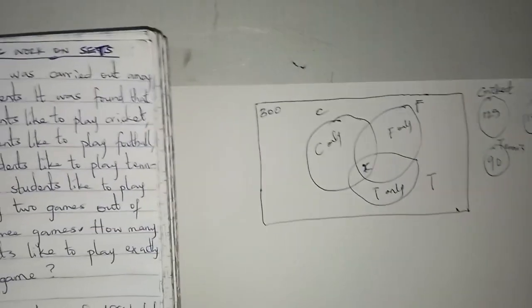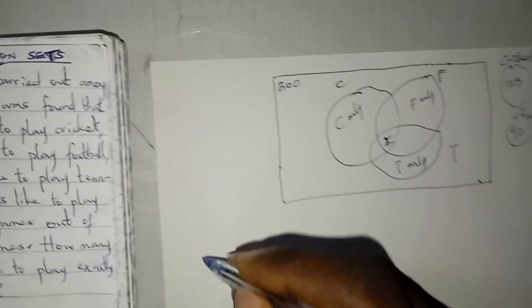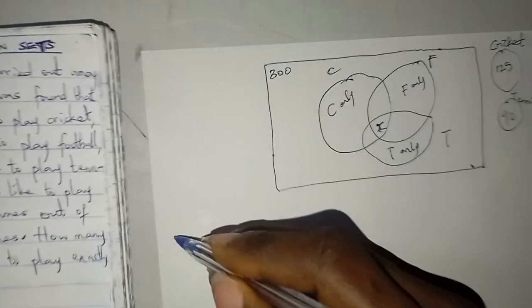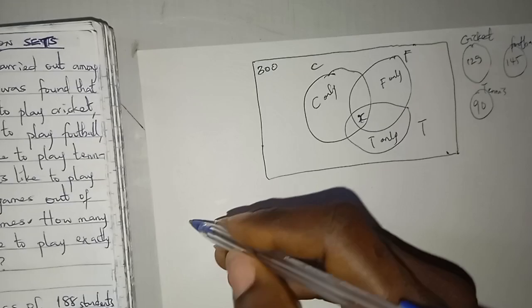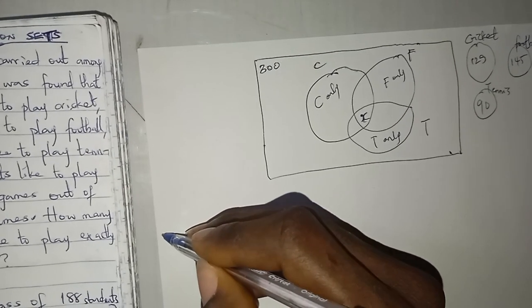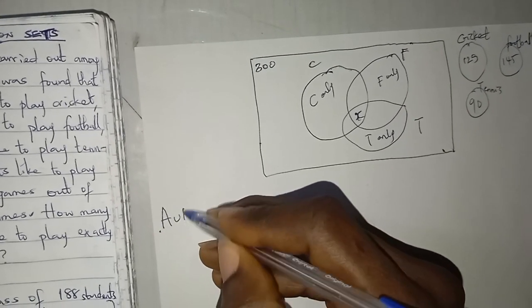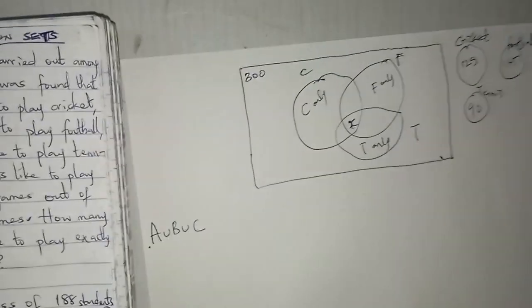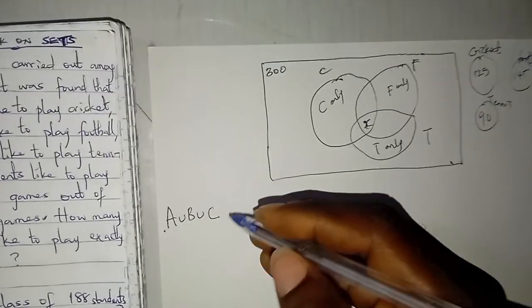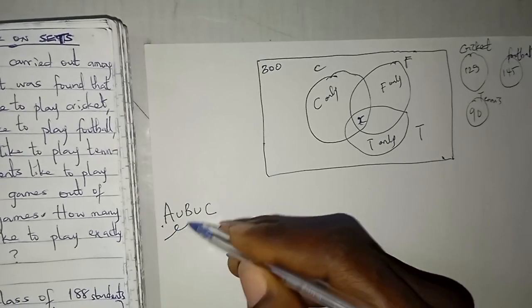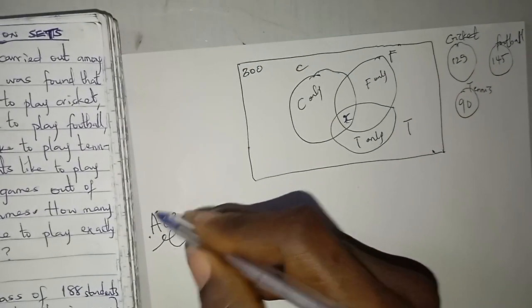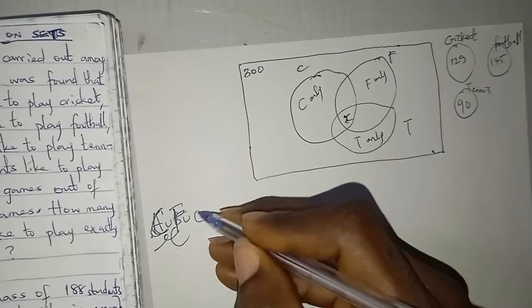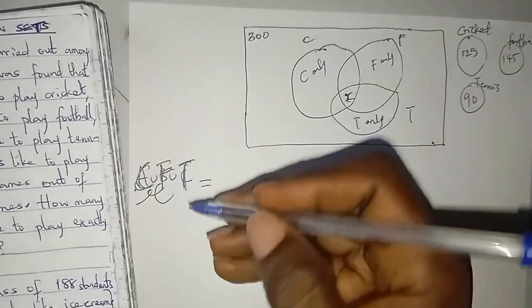Whenever a question is given and you are given only what you're given here, the formula to apply is more like applying De Morgan's theorem and the inclusion-exclusion principle. So I'll simply say the universal set, which is A union B union C, all of it, I say universal set, whichever way, is equal to cricket union football union tennis.